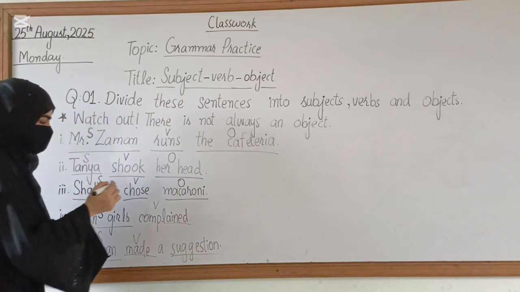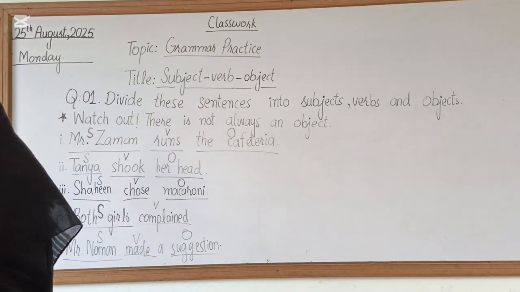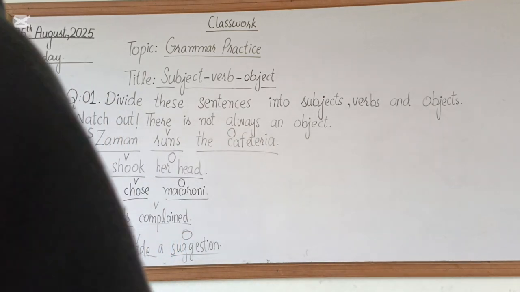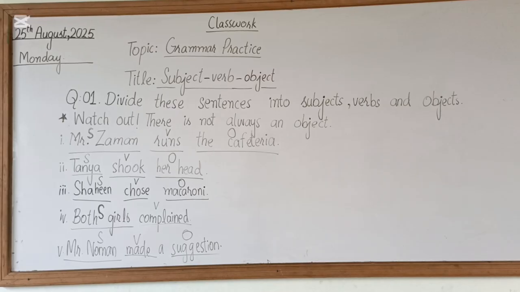So that's why suggestion is an object. Keep that in your mind. Mr. Noman is the subject, Mr. Noman is making a suggestion. Made is the second form of make, that's why it is a verb, because it is an action. And then the suggestion is Mr. Noman ne tajweez di, so that suggestion is an object.